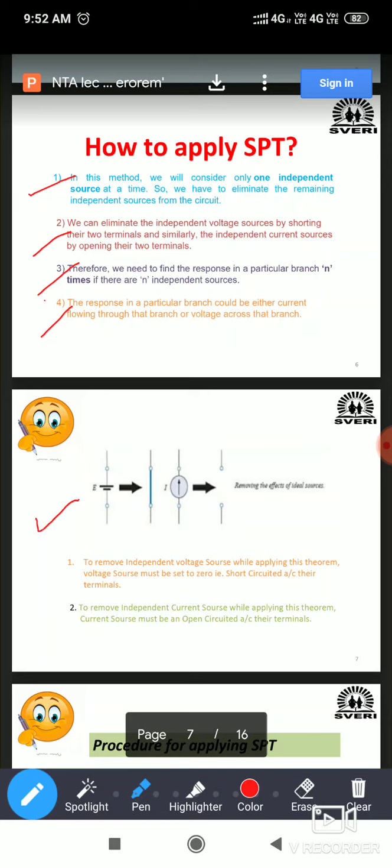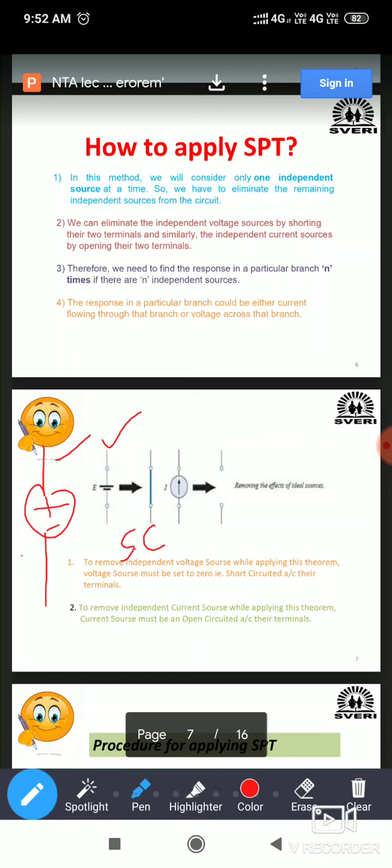Okay, here I have shown, if ideal voltage source is there, this is battery. Okay, one of the sources, we can say now this is also voltage source plus minus. So voltage source and this battery we can replace by short circuit. So short circuit is shown here. So you can replace that.